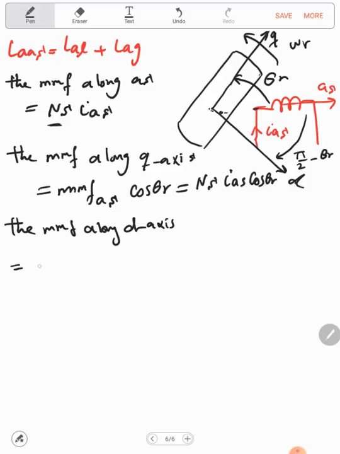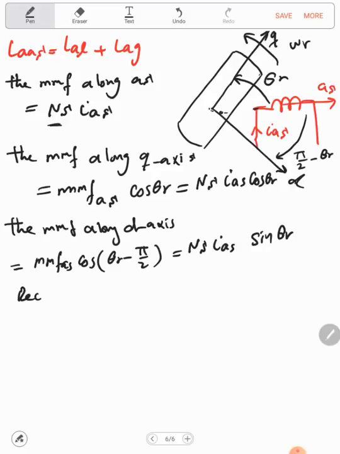So it will be the MMF along the AS multiplied by cosine the angle in between, which is the theta r minus pi over 2, and this will equal to NS IAS sine theta r.